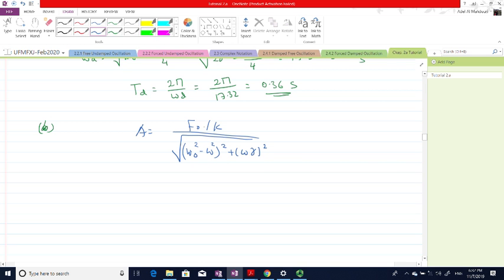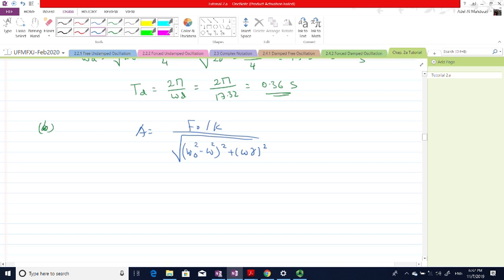Do we know F naught? Is it given? Okay, it's given, which is 2 Newton. And omega naught, we determined it already. Omega is given, which is 30 radians per second. And gamma, which is C over M, we also determined before, which is 20.